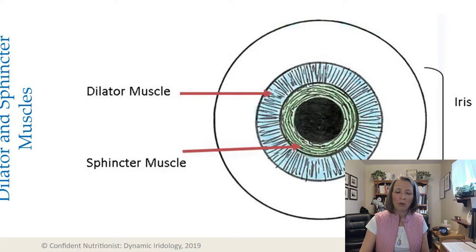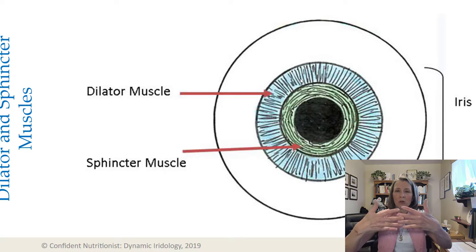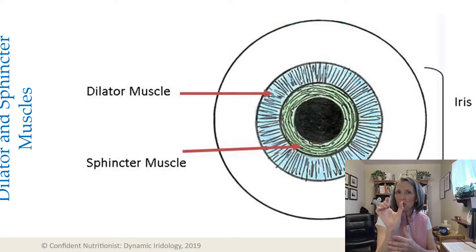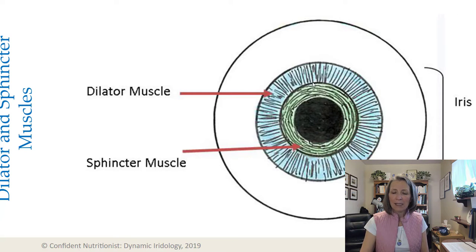This is the edge that moves. So as these fibers ratchet in on each other and that dilator muscle shortens, it is this edge that's going to move. And you can imagine that as this gets shorter, this edge moves back. As that moves back, because this is anchored into this other muscle, it literally pulls this other muscle and opens up the pupil. So that's what happens when things are dimly lit.